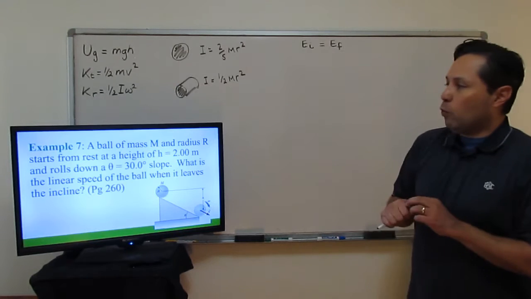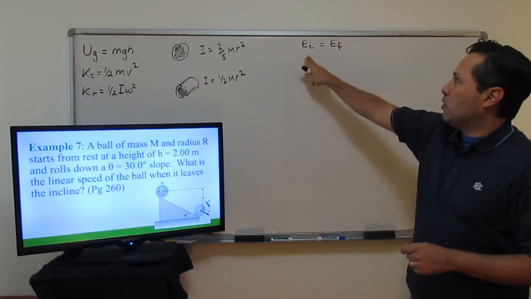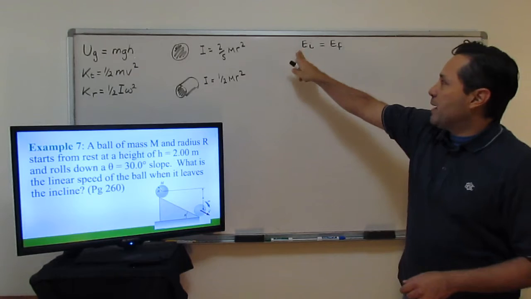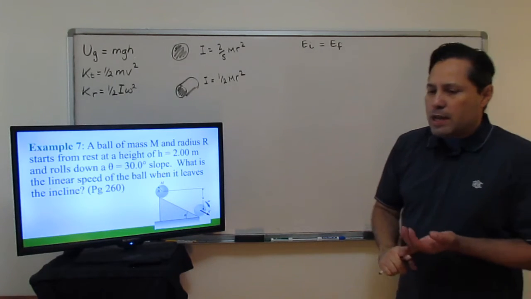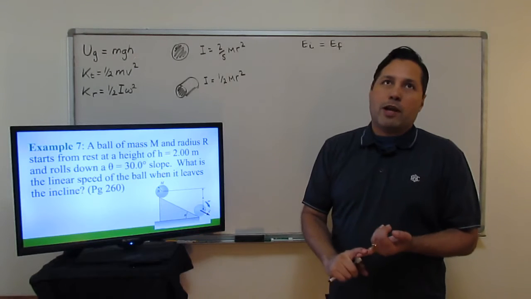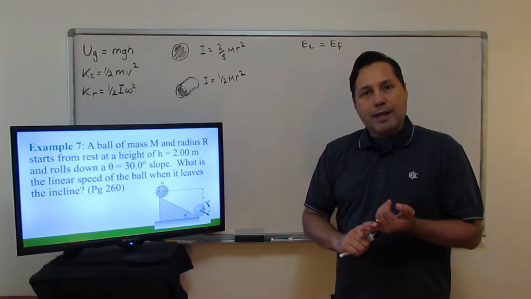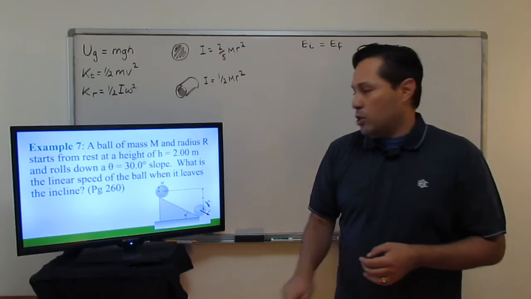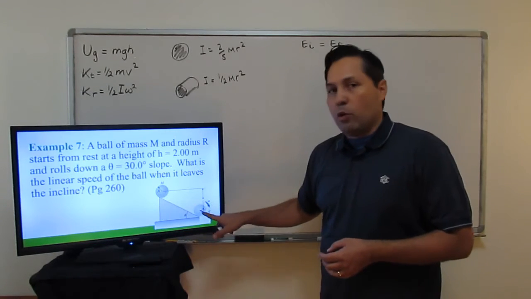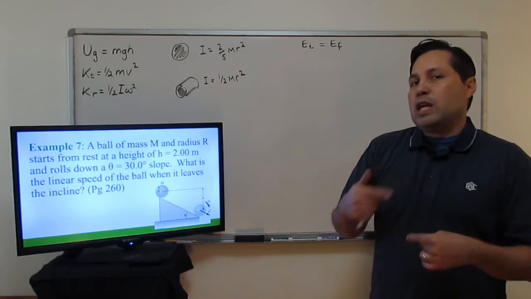Alright, so what we're going to go ahead and use to solve this is the conservation of mechanical energy. So mechanical energy initial is equal to mechanical energy final. Now, how do you get mechanical energy? Mechanical energy is all the kinetic energy plus all the potential energy. Here we got two types of kinetic energy: translational kinetic energy as the ball moves down the ramp, and it also has rotational kinetic energy.